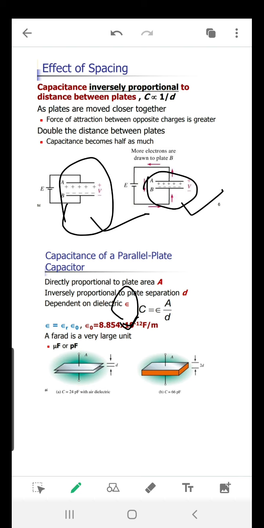So C, the capacitance value, equals epsilon A by D. Here epsilon equals epsilon R into epsilon 0. Epsilon 0 value is predefined. And though the farad, as I said earlier, is a very large unit, it is denoted by microfarad or picofarad.